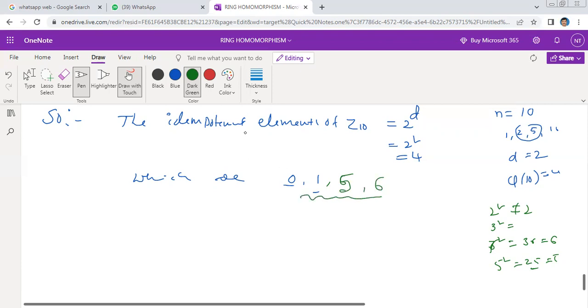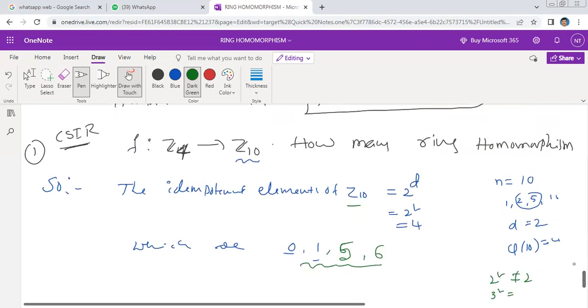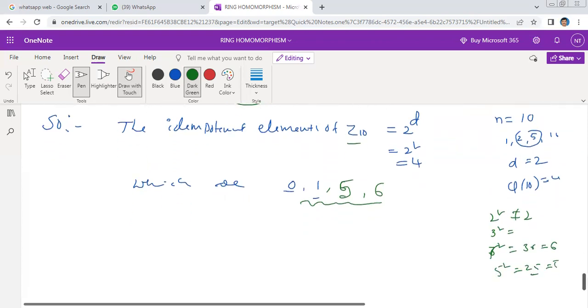Those are the idempotent elements of Z10. Be careful, listen to this. Number of ring homomorphisms from Z4 to Z10: take Z4 as domain; the codomain idempotent elements are 0, 1, 5, 6.